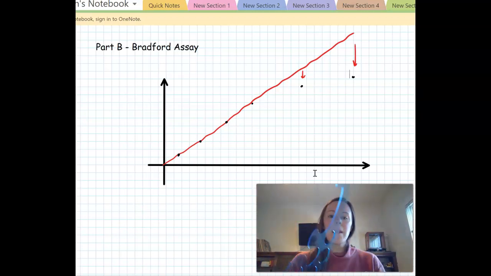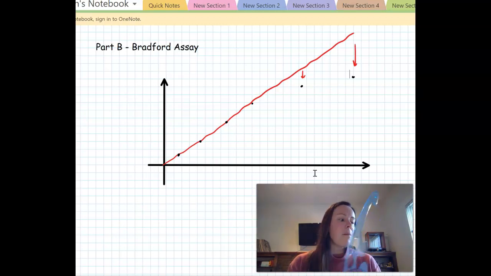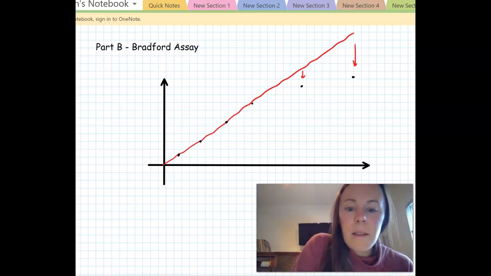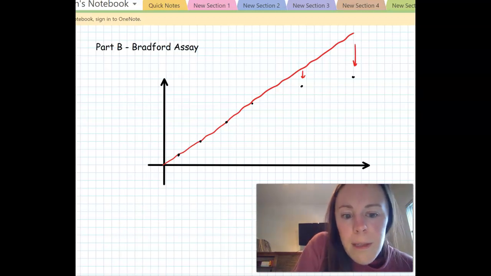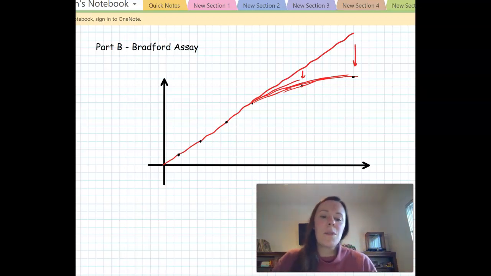If you don't have something at home that you can use to create the curve, you can wait and do it in the lab, or you can just try and sketch it by hand. If I was going to do that, I would start from my last point that is on the linear portion of my graph, and then curve my line towards the other two data points.